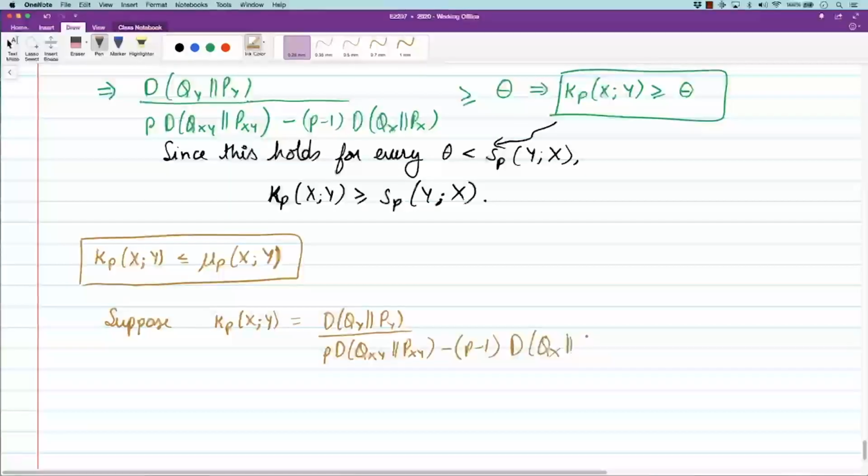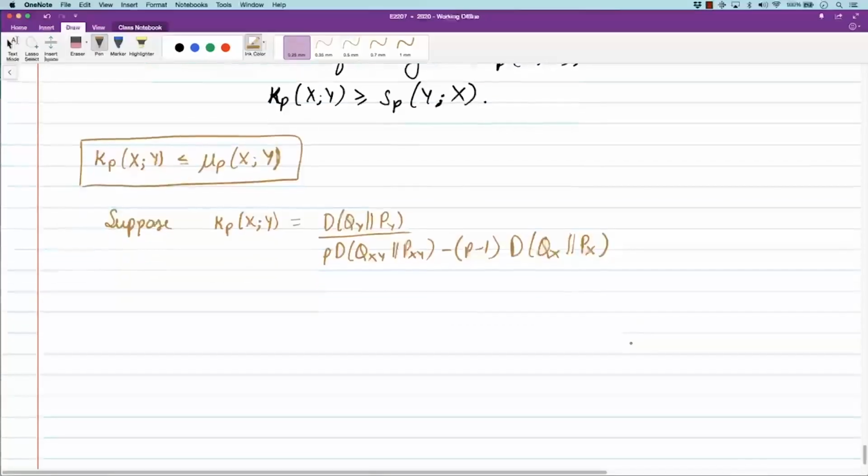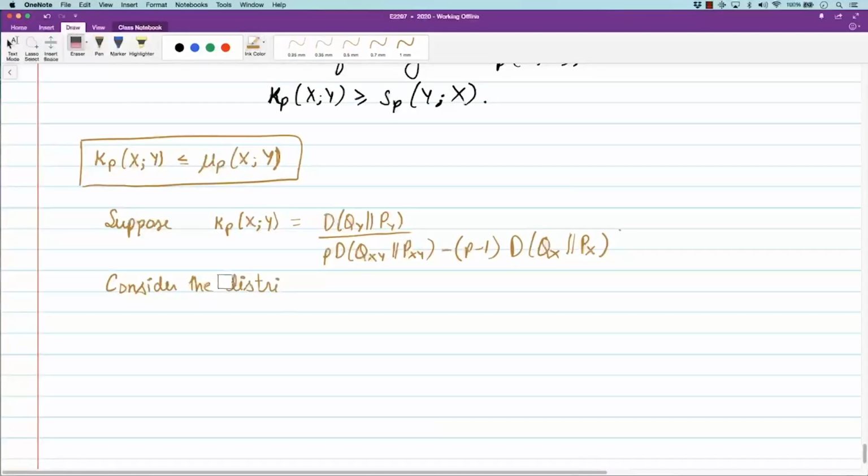We will use this distribution qxy to define a random variable u, which is used in the definition of mu pxy. So how do we define that? Consider the distribution. Before that, it's a technical statement, I'm putting it here.